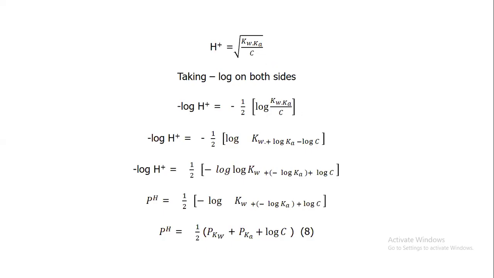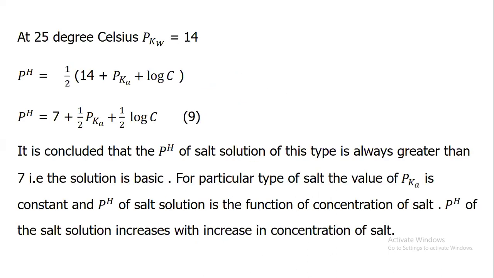Taking minus log on both sides, minus log [H plus] equals half log of Kw Ka over C. So solving, we get pH equal to half pKw plus pKa plus log C, equation 8. At 25 degrees Celsius, pKw is 14, so pH equals 7 plus half pKa plus half log C. It is concluded that the pH of a salt solution of this type is always greater than 7.